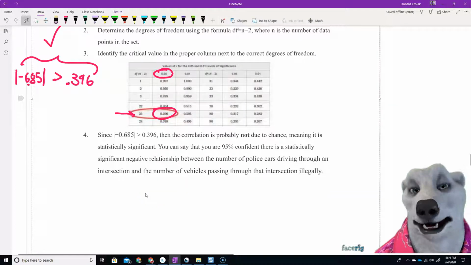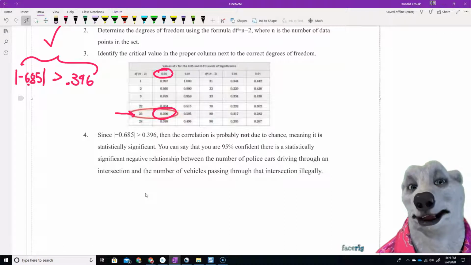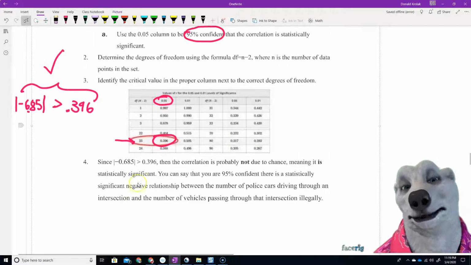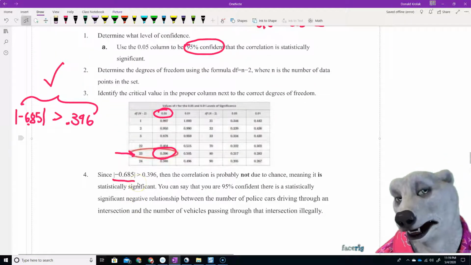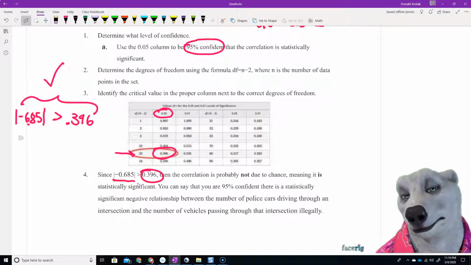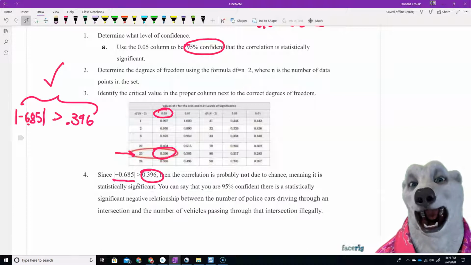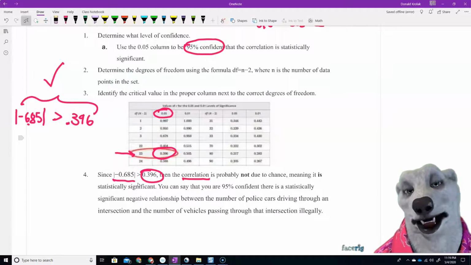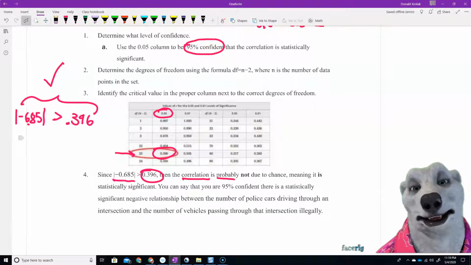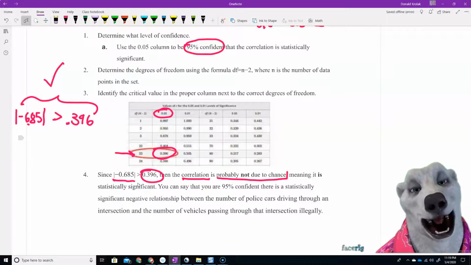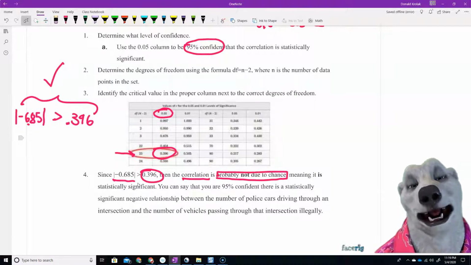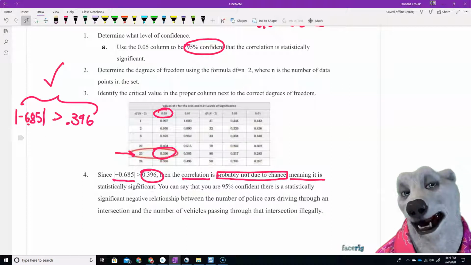So if you notice, down here under my conclusion, our absolute value was greater than our critical value. All right, then the correlation that we're seeing is probably not due to chance, meaning it is statistically significant.